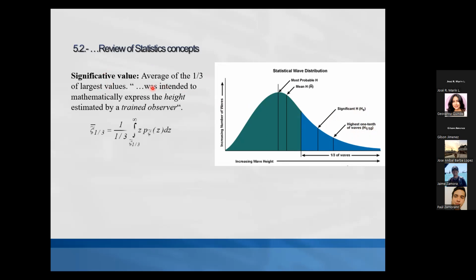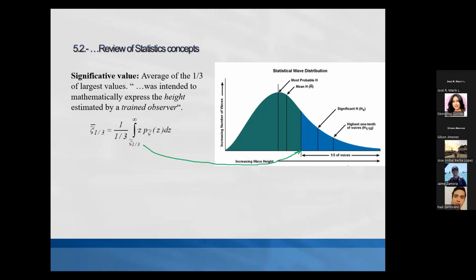So what we have to do is first determine this value here. This value here is basically this. And then we integrate from this value until infinity, and we take the average.